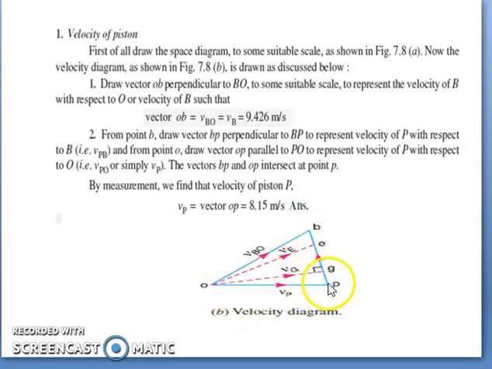If you measure OP, that will be the velocity of the piston. By measurement, we find the velocity of the piston is 8.15 meters per second.